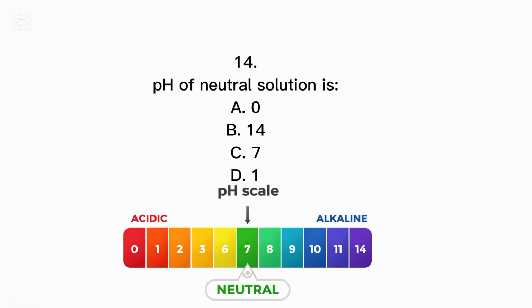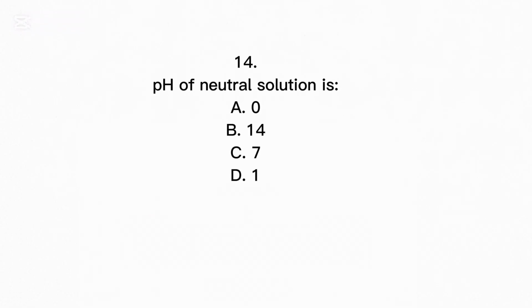The pH scale ranges from 0 to 14. So now, the neutral solution will be at which number? Between acid and base. So what is the center of those values? The middle, or the neutral solution, will be at 7. So the correct answer there is C. 7 is the correct answer for a neutral solution.